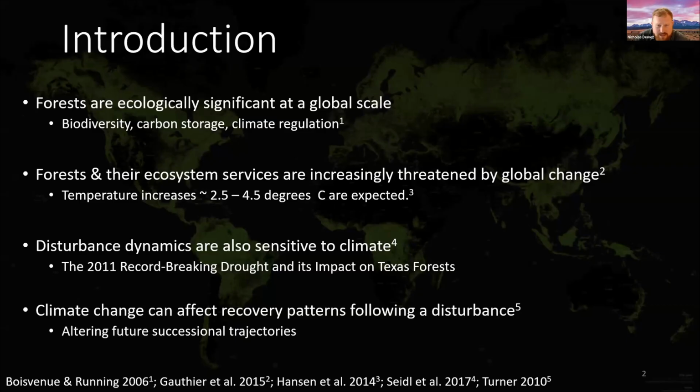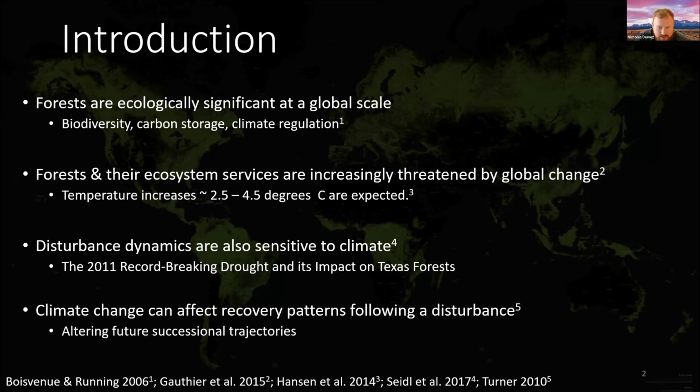Forest disturbance dynamics, also sensitive to climate, have profound impacts on nearly all aspects of successional dynamics and affect ecosystem services both directly and indirectly. Disturbances alter ecosystem and successional states, and future recovery patterns may differ from historical norms as a result of climate change-induced shifts in the growing environment.